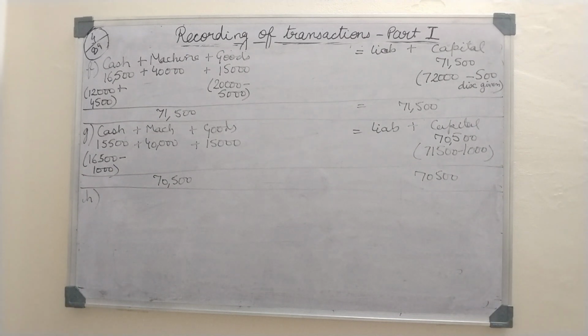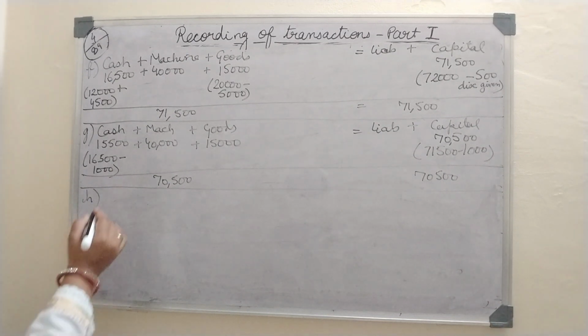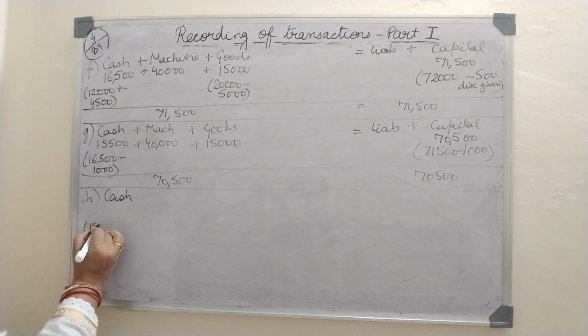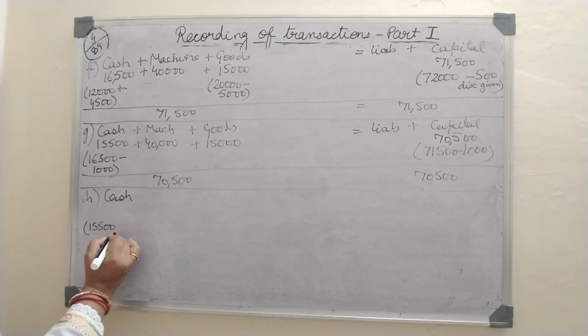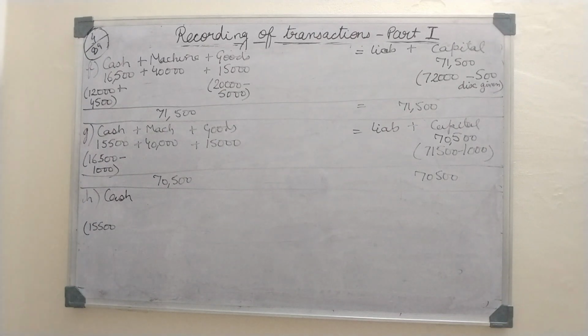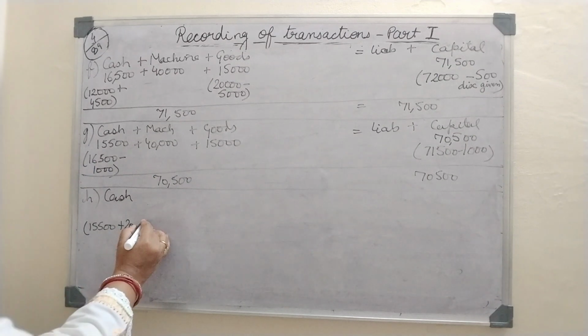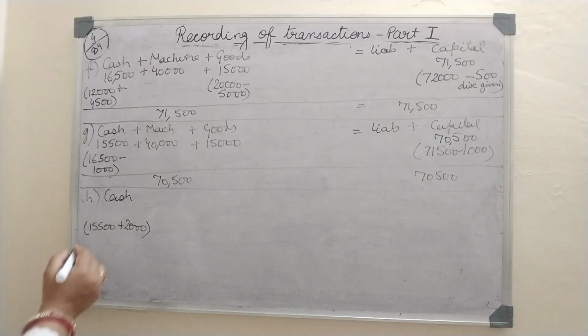So commission received in advance, we have received it in cash, so in cash we will be adding it. 15500 plus 2000.